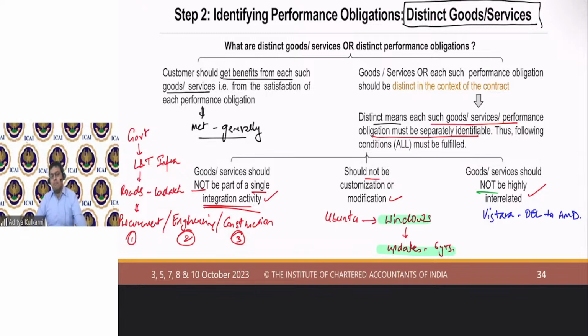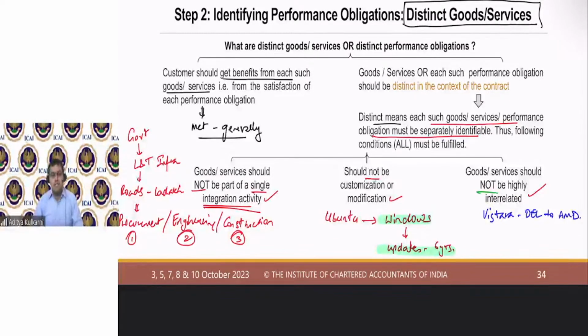You go to the airport check-in counter, you place your luggage in front of the check-in counter, they weigh the luggage, it is within 15 kilos, then they put it on the conveyor belt, it goes inside, and then you get this luggage ultimately at the conveyor belt in Ahmedabad. So Vistara is providing two services. One is baggage handling and the other is transporting the physical you from Delhi to Ahmedabad.